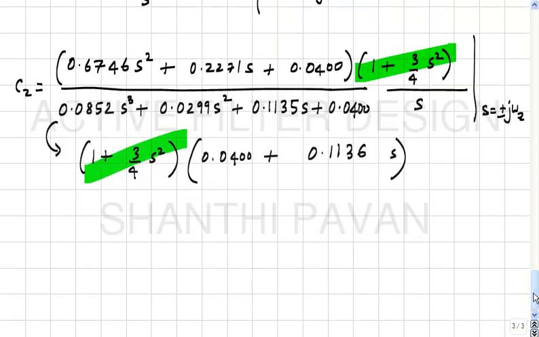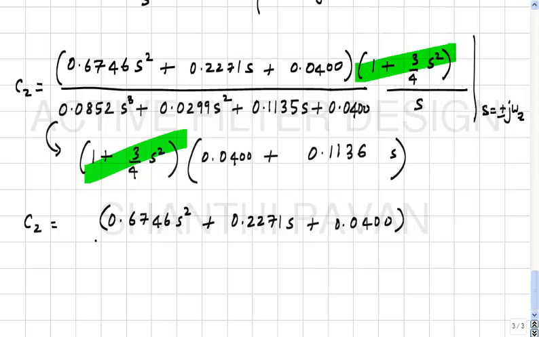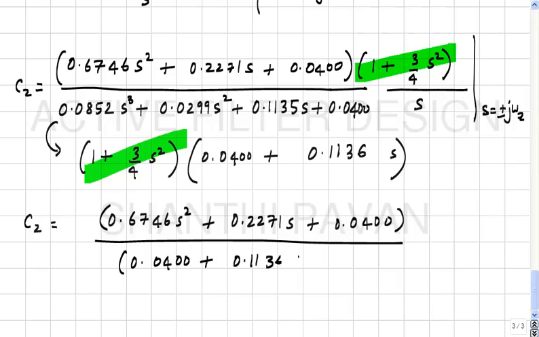All right, so C2 is therefore 0.6746 s square plus 0.2271 s plus 0.0400 divided by 0.0852, sorry, 0.0400 plus 0.1136 s times s, this evaluated at plus minus j omega z.